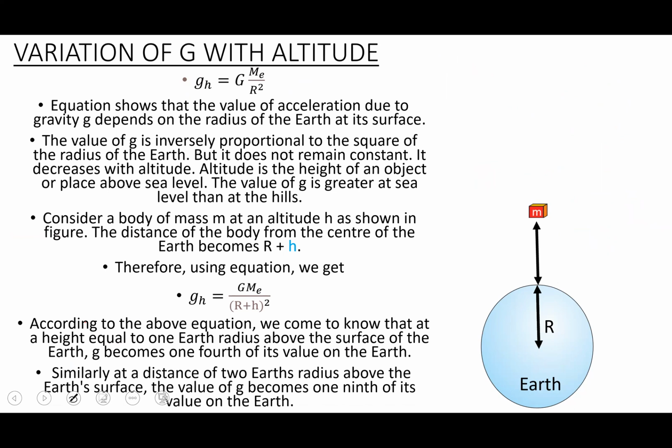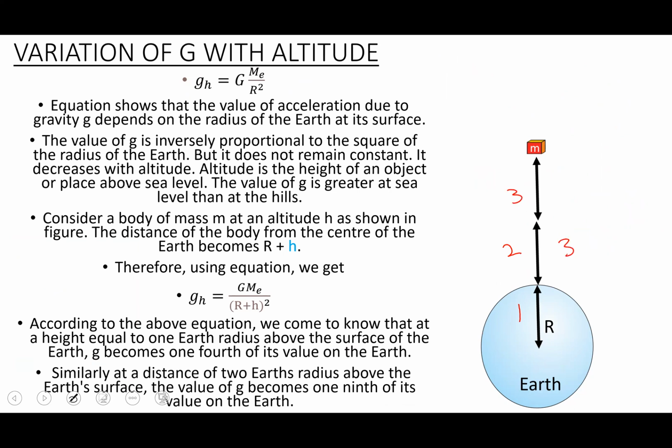He says similarly at the distance of 2 Earth radii from the surface of the Earth, the value of g becomes 1/9 of its value on the surface of the Earth. Let us revise the whole procedure again, but the value of R has changed because now the distance has changed from 2R to 3R. So there is 1R over here, 2R over here, 3R.